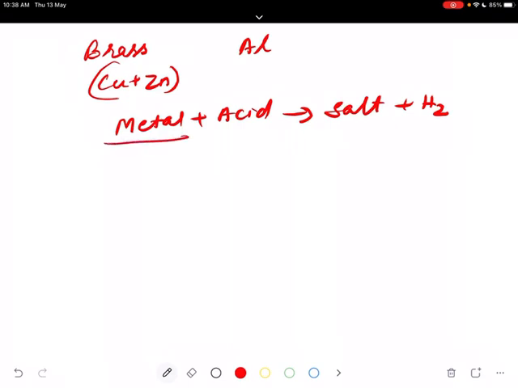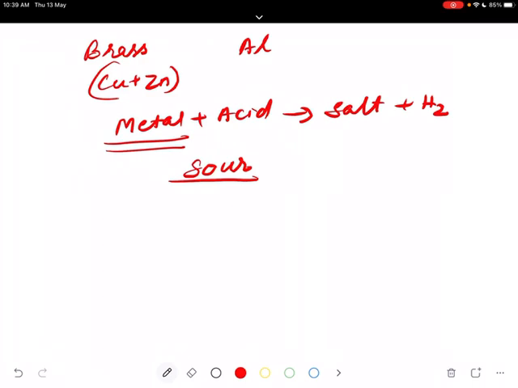Metal will get spoiled, that vessel will get spoiled, plus this curd becomes toxic. So curd or sour substances, sour means acidic substances, should not be kept in metallic vessels because generally metal will be reacting with acid to form salt and hydrogen. That vessel will get spoiled and curd becomes toxic.